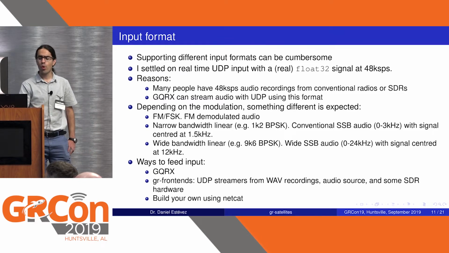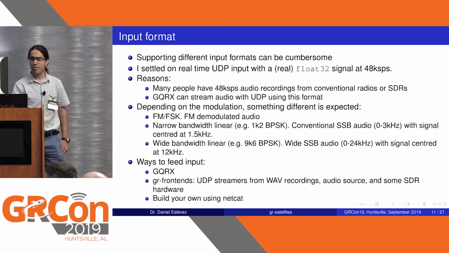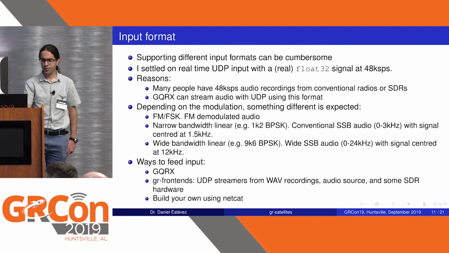But there are also some wider linear modes which don't fit into the conventional SSB bandwidth, such as 9k6 BPSK, and for that, you usually need to use an SDR software, and what the decoder there expects is to have the wideband signal in a 0 to 24 kilohertz bandwidth, centered in the middle of the passband.